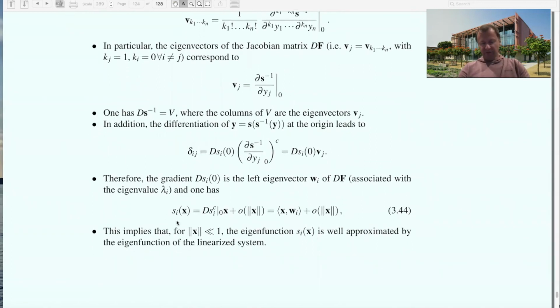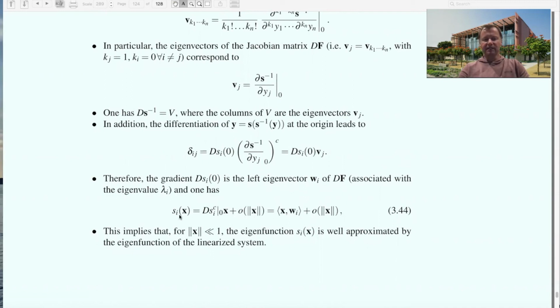And now, if we expand the Koopman eigenfunction into its linear and higher order components, we get dSi at 0 times x plus this small order in terms of x. And that's really x times wi, because this thing here turns into wi.